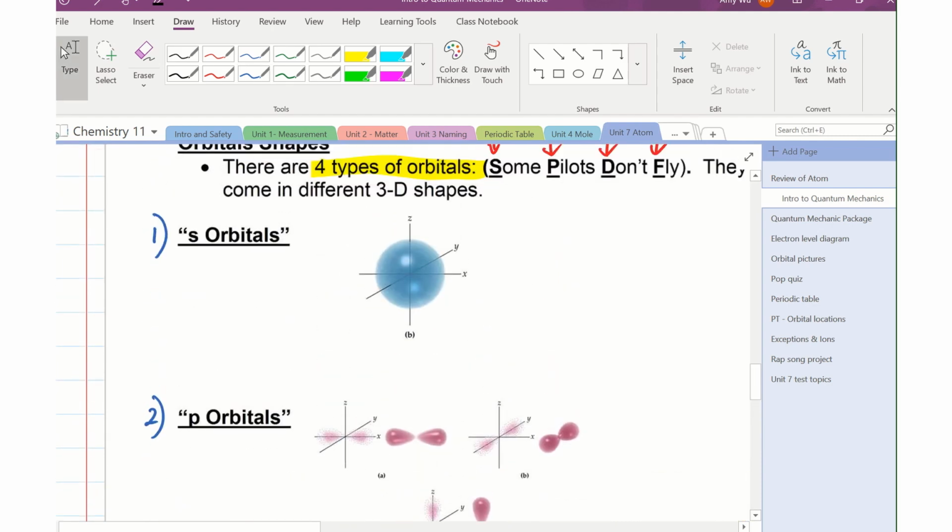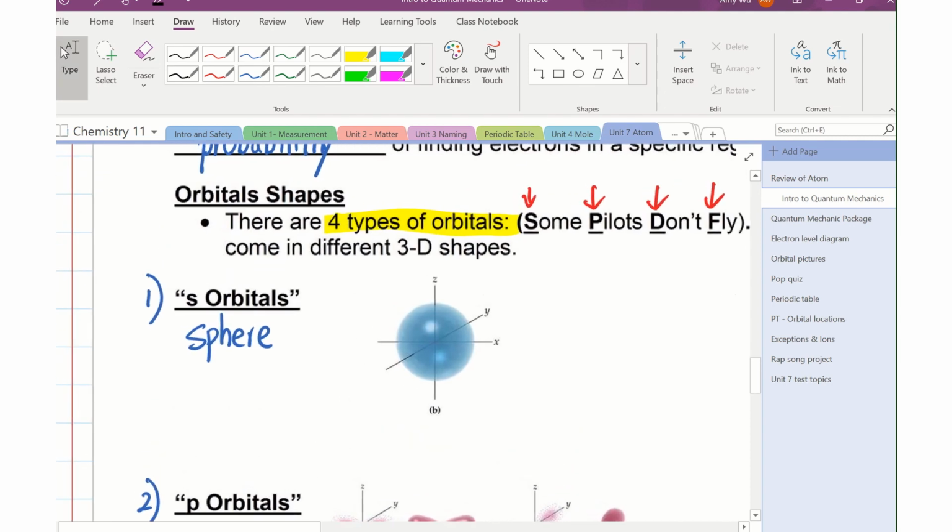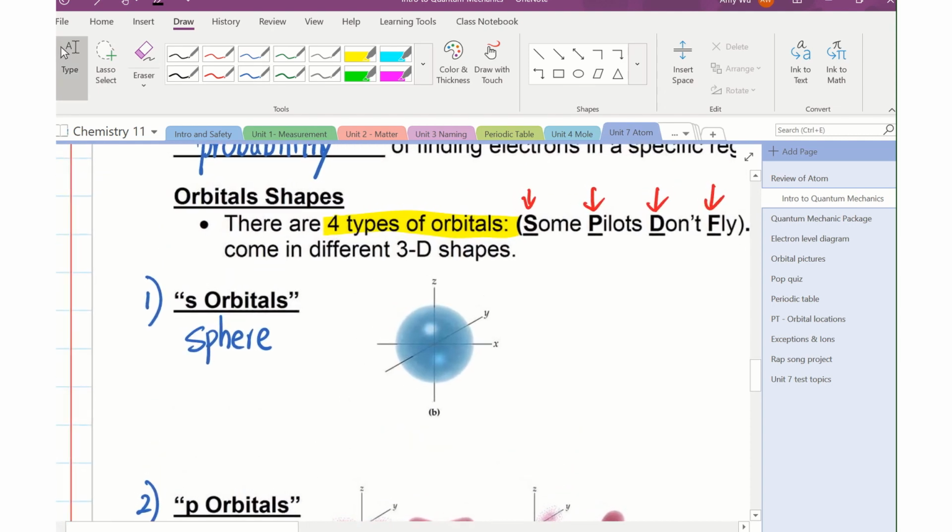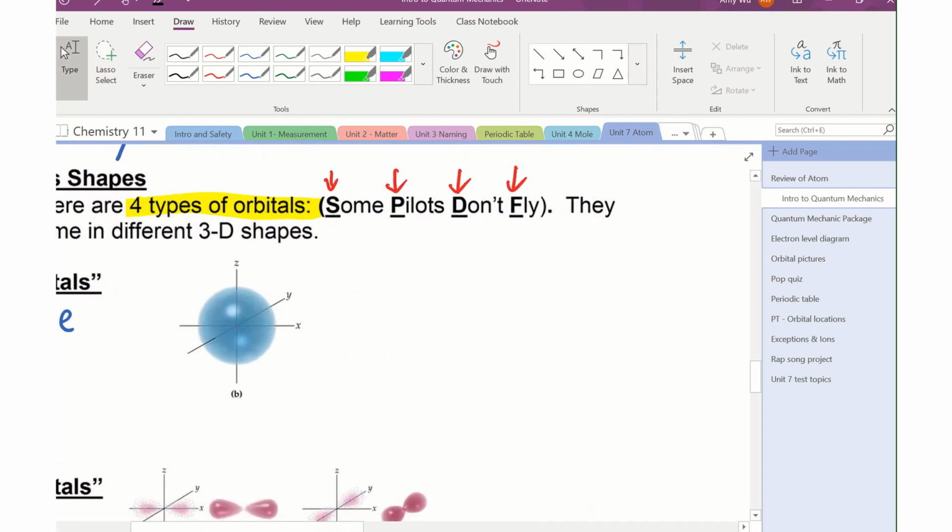The S orbitals, S stands for sphere, so it's a spherical shape. Notice here we have the X, Y, Z axes. Normally when you plot a graph in math, you have the X and Y axes, which is a two-dimensional space where you graph something. But later on, when you get to higher levels of math, you might draw something in 3D as well.